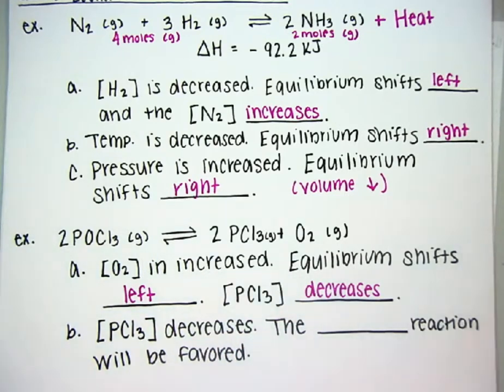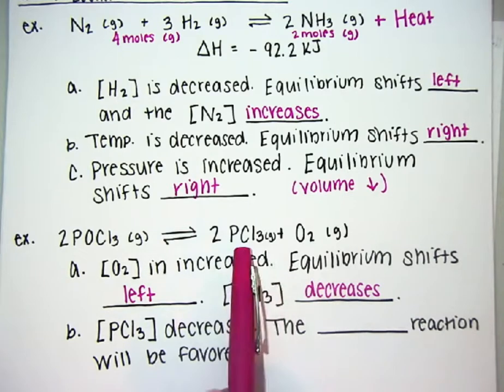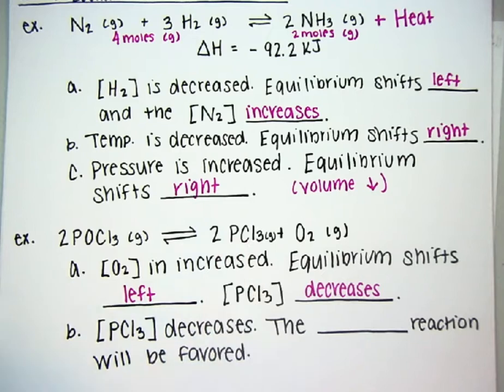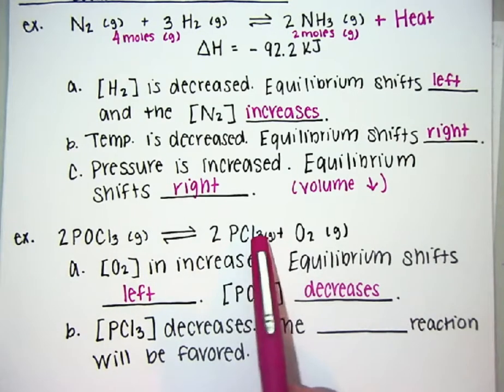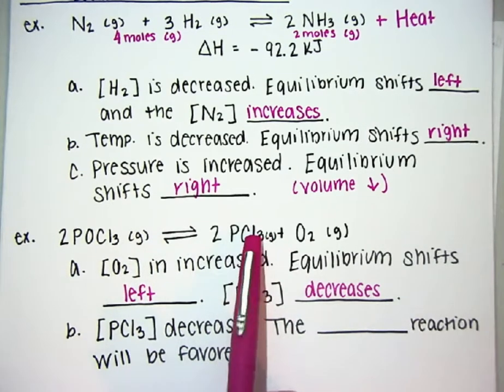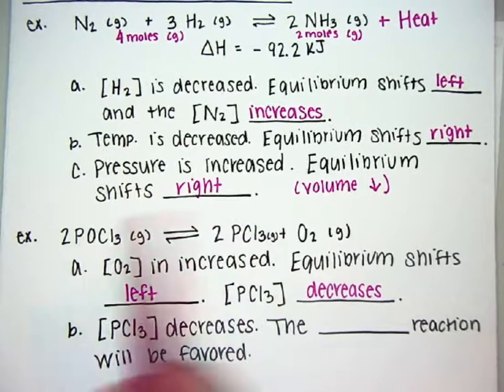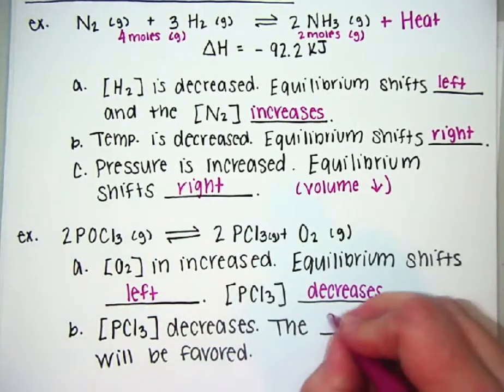Alright, so now I'm decreasing the concentration of phosphorus trichloride. To restore equilibrium, I need to make more phosphorus trichloride. So it's going to shift to the right. If the reaction is going to the right, that is the forward direction.